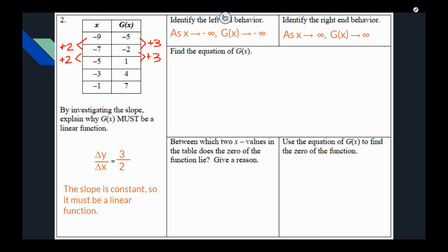When you go to find the equation, again, they did not give us the y-intercept. So you have g of x equals your slope of 3/2 x plus b. You can take any x, y point you want to plug in for x and y. So I picked the first one, -9 and -5.